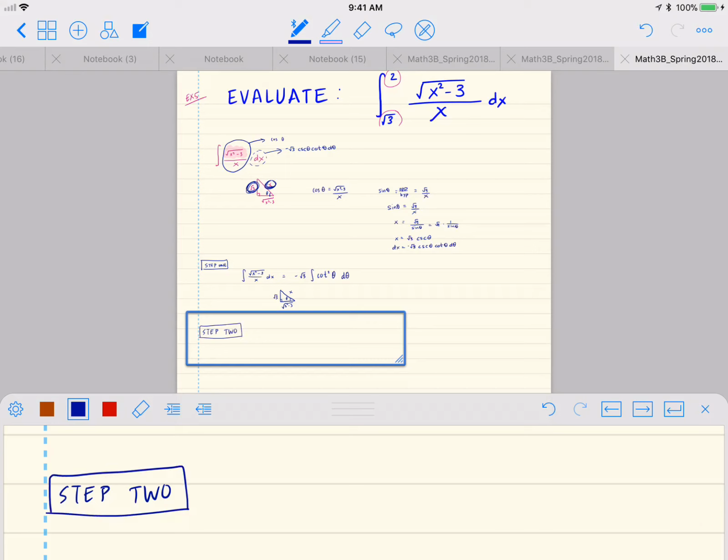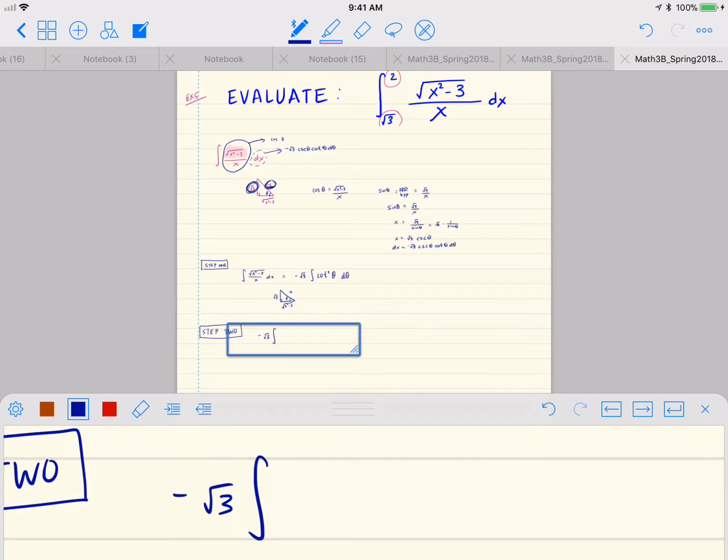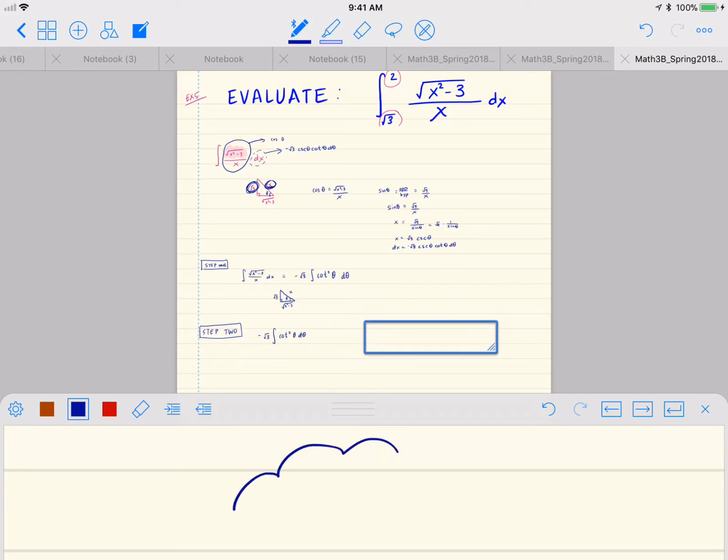So in order to evaluate it, let's see, we've got negative root 3 times the integral of cotangent squared theta d theta. Now let's think about what we would do if we needed to integrate tangent squared theta d theta.